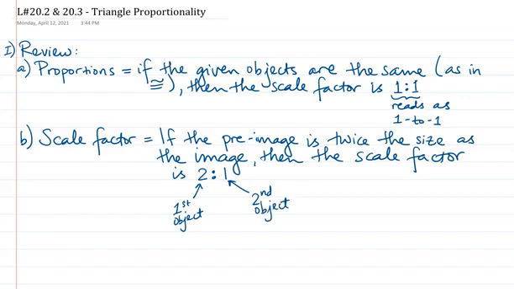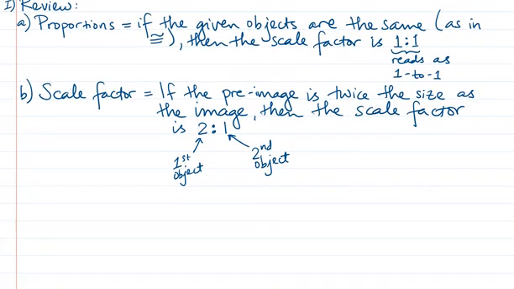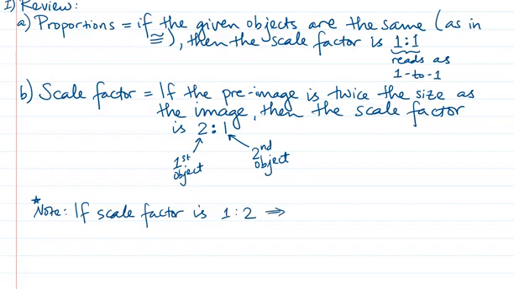So if you're thinking about, well, it should be 1 to 2, so side note, if scale factor is 1 to 2, then the pre-image is half the size of the image.